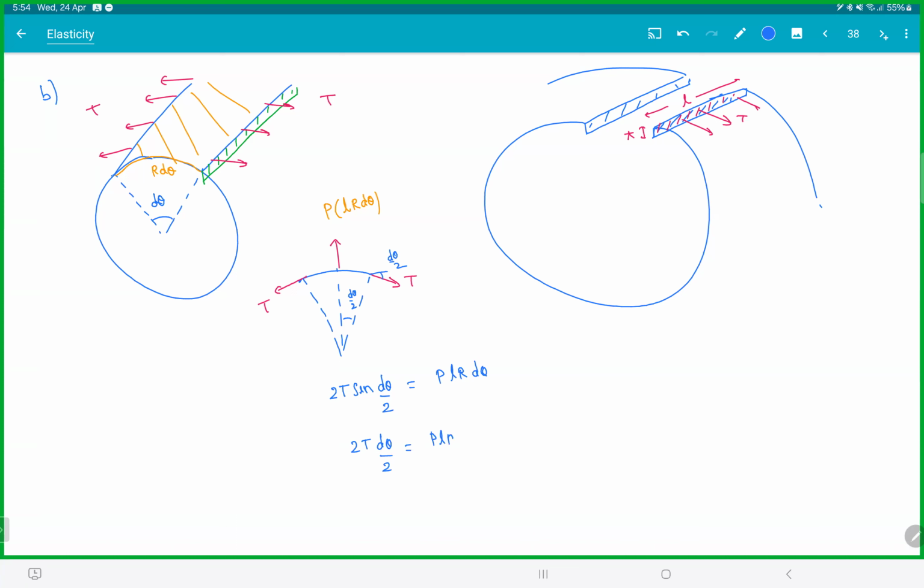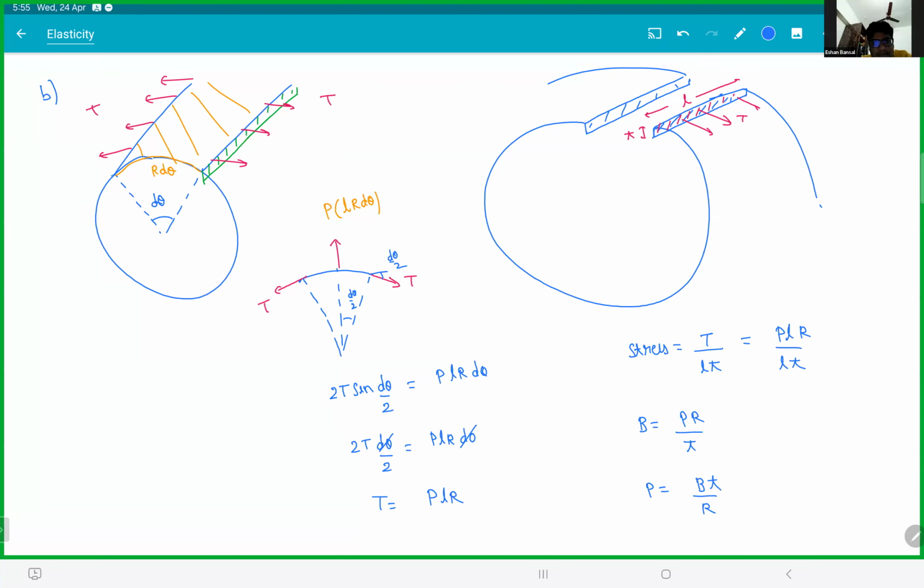So tension is pressure L R. So stress will be this tension by area, which is L into T, which is P L R by L T. So bulk modulus will be P R by T. That's your answer.